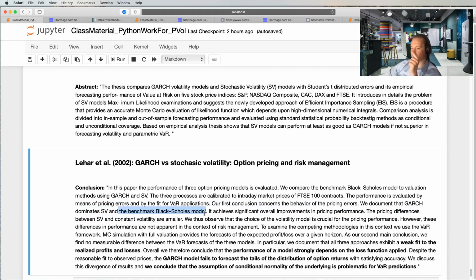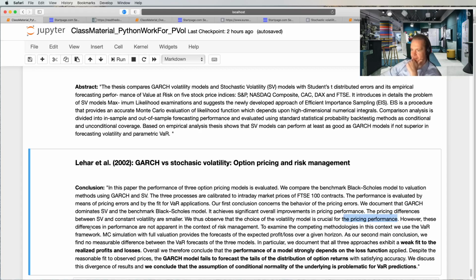That's in terms of option pricing. It achieves significant overall improvements in pricing performance. The pricing difference between stochastic vol and constant vol are small. We thus observe that the choice of vol model is crucial for the pricing of options.